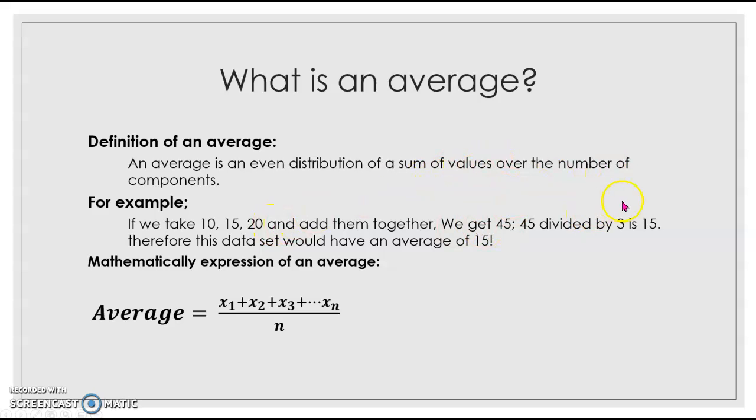If we divide 45 by 3, we get 15. So 15 is the average of this data set. Below, I've also expressed this mathematically, with the numerator being the sum of all of the components and n being the number of components. That is our quick mathematical expression of an average.